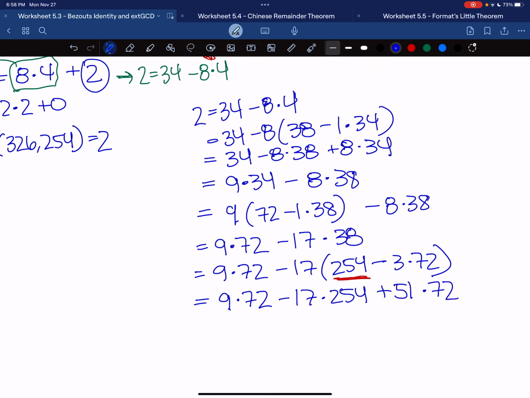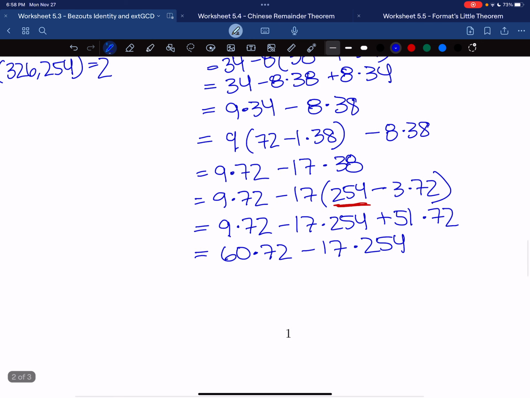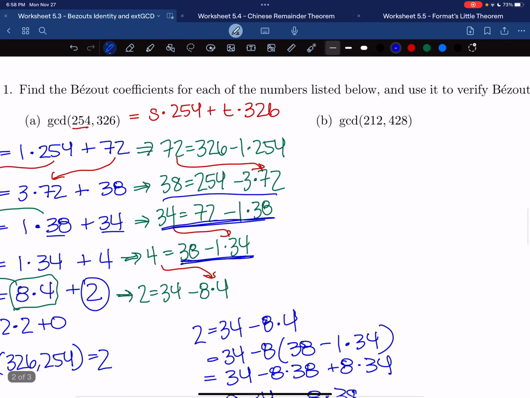So all together I can pull the two 72s together. That's 9 plus 51, 60 times 72 minus 17 times 254. Okay, we're getting there. And then last but not least is this one at the top.